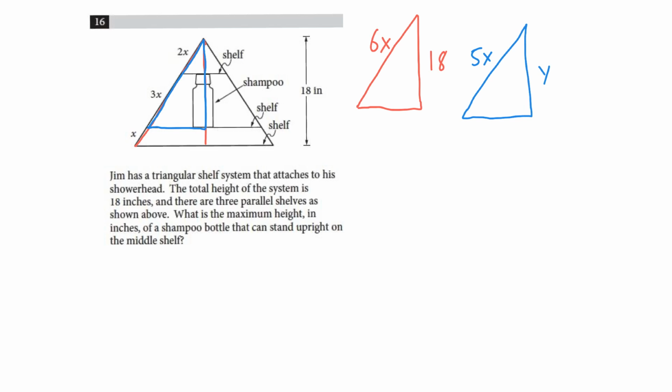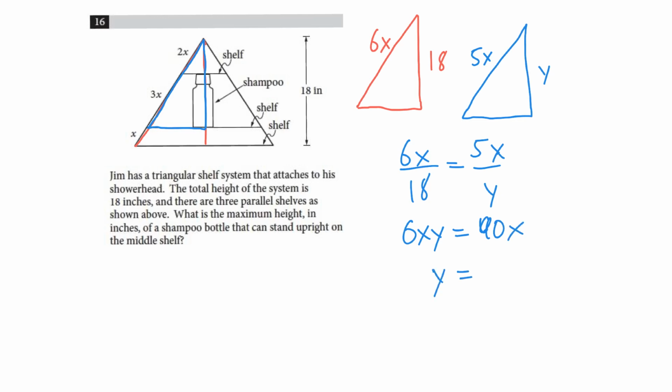Okay, so we know that if they're similar, they're also proportional. So 6x is to 18 as 5x is to y. Cross multiply, we get 6xy equals 90x.